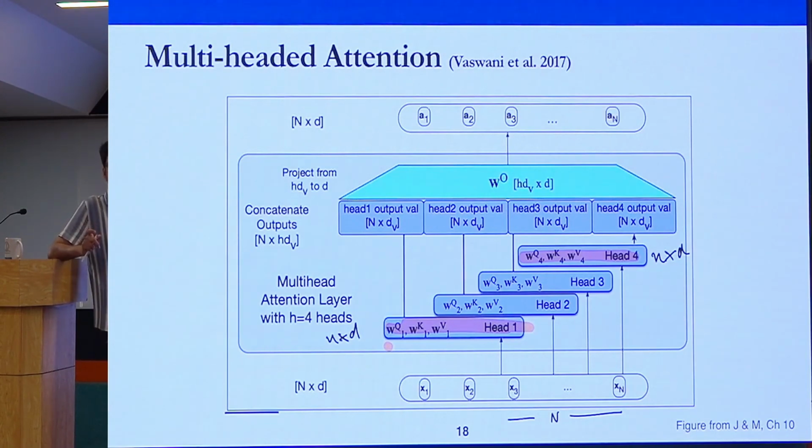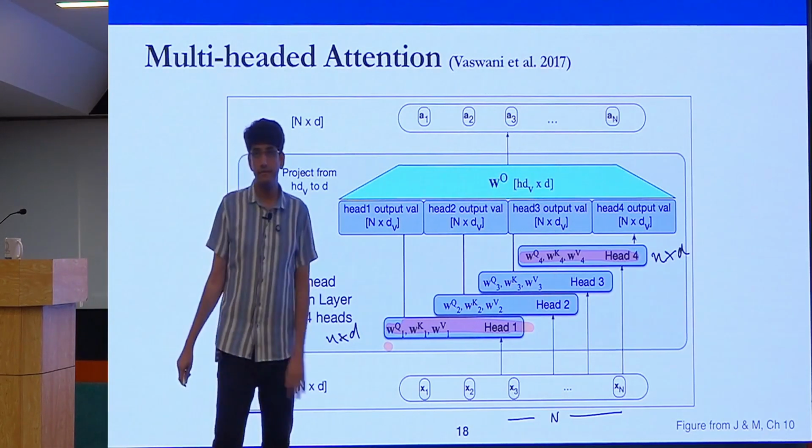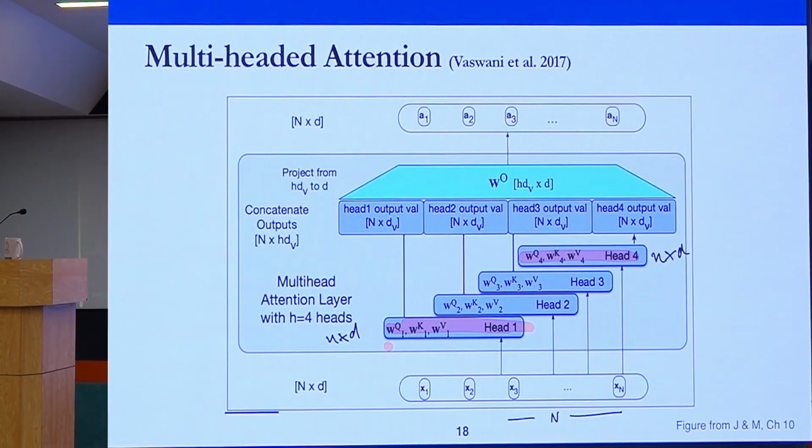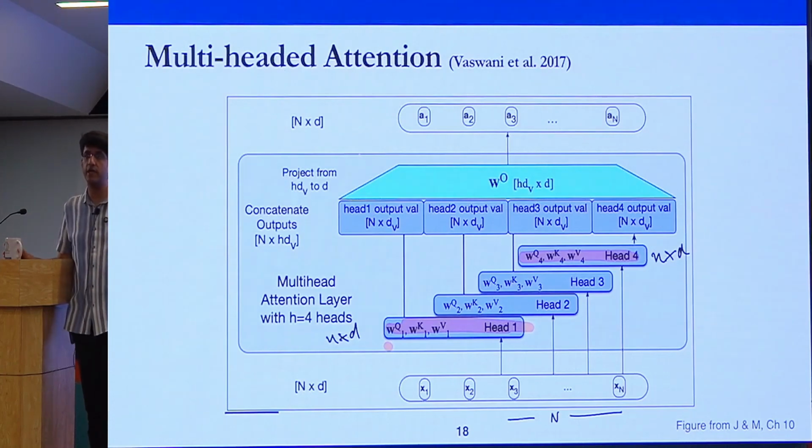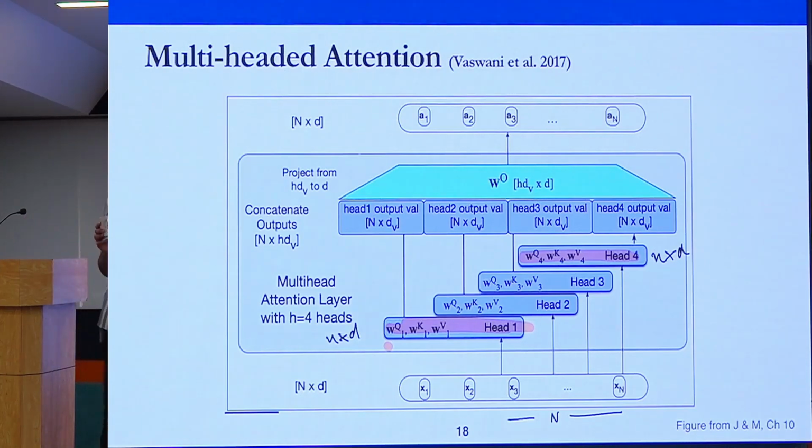Question: when you are calculating Q, K, V, even if you do it 4 times, how will the values be different for each one of them? Because the weights are different. Each will start with a different value, so the gradients will be different, and they will converge to different values.